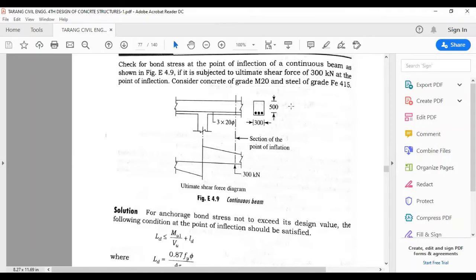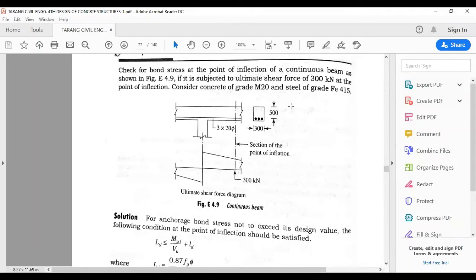So the question is like this: check for bond stress at the point of inflection of a continuous beam as shown in figure 4.9, if it is subjected to ultimate shear force of 300 kilonewton at the point of inflection. Consider concrete of grade M20 and steel of grade Fe415.